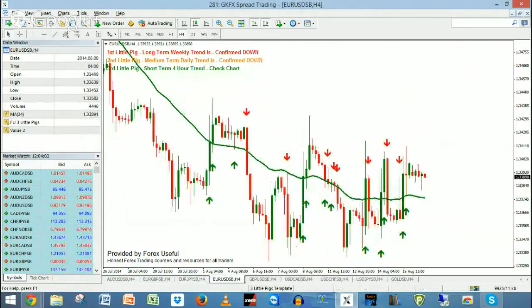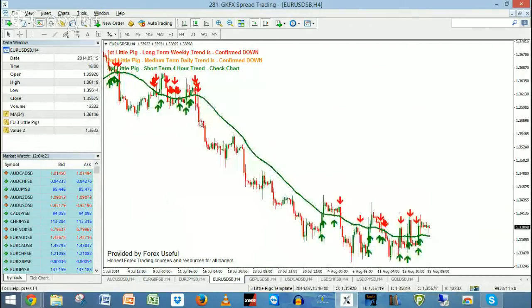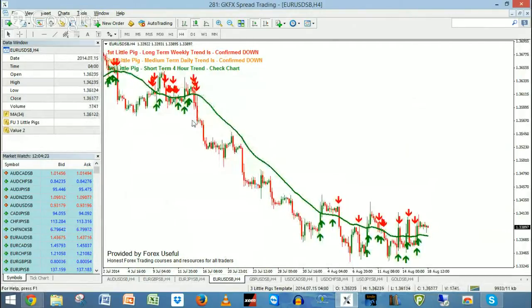Euro USD, I covered this in the newsletter at the weekend and identified these trades here where I've had 5 losing trades in a row. I did have a nice winning trade back here. This was the entry candle, so I made about 4% based on 1% risk per trade.